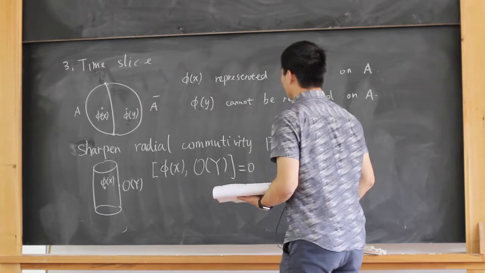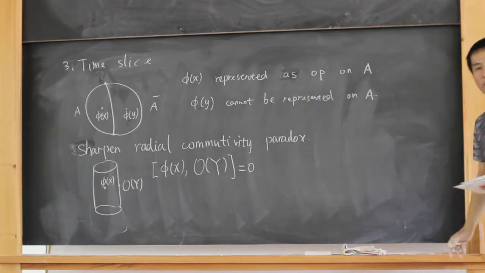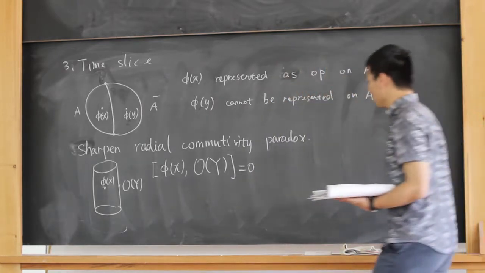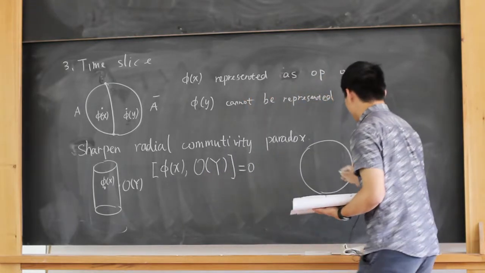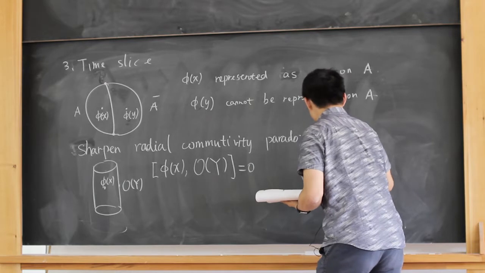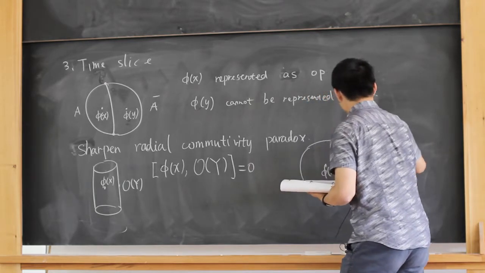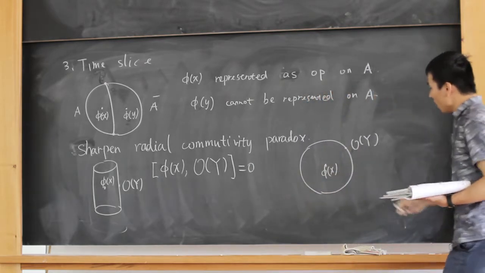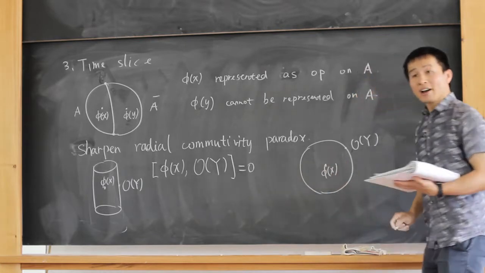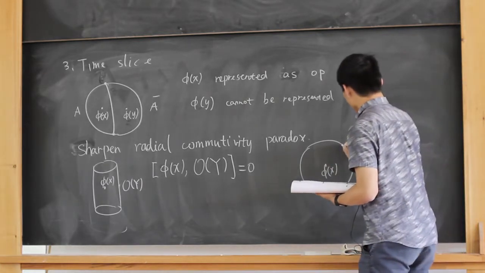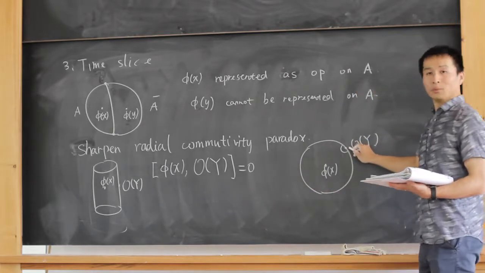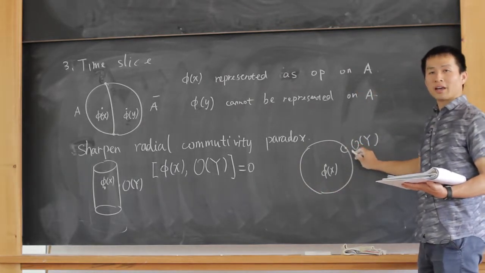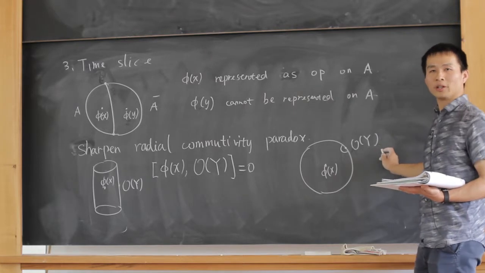Now, using Ringler reconstruction, we can make this more precise, because suppose now we just look at a time slice. Phi of x is here, and O of y is there. We can always represent the operator phi of x on a causal wedge that we obtain by just deleting a small region that contains the local operator that we have chosen.